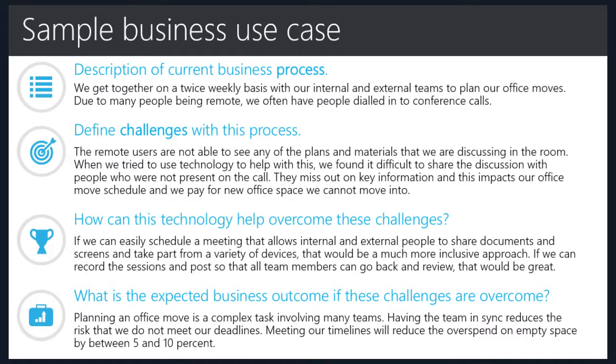As part of their planning activities to rationalize real estate, they get together on a twice weekly basis, internal and external teams, and they're planning the office moves. They're understanding the floor plans and the utilization of people, but they're often working with very remote teams, people in different buildings, different sites, different connections, different locations.